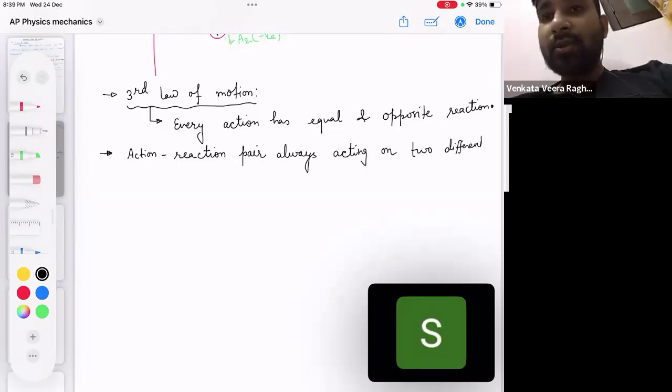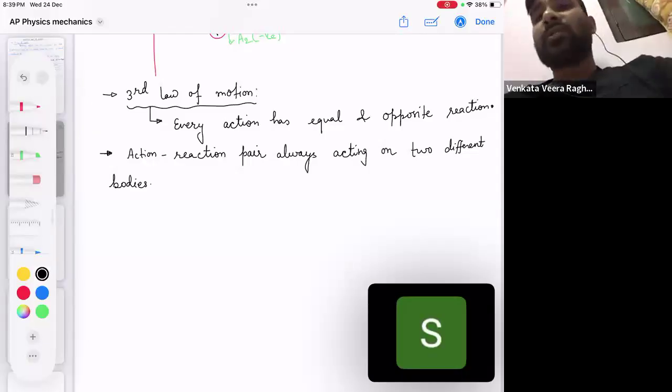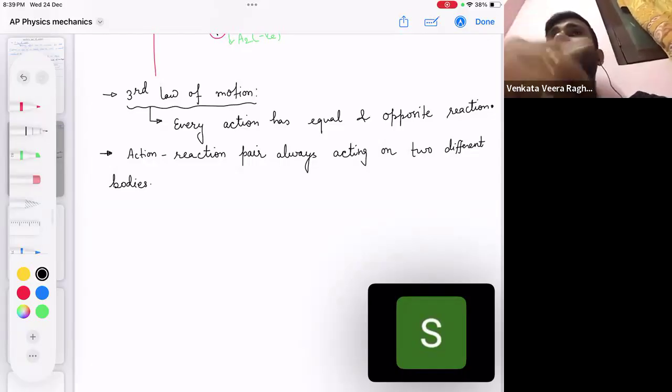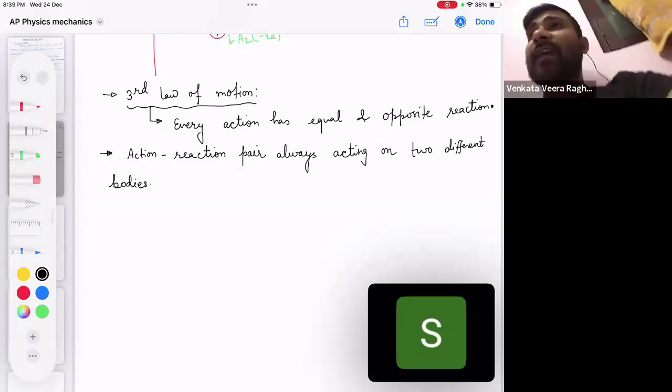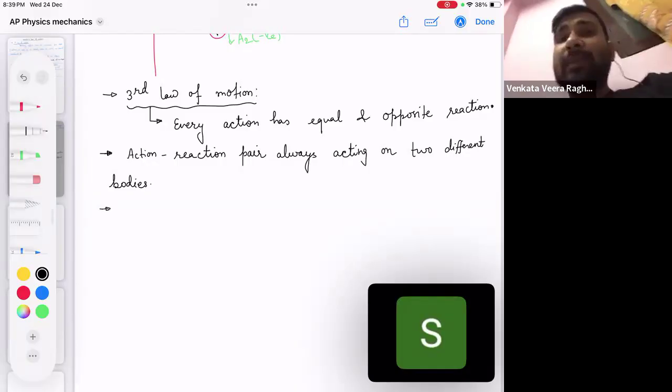It means you cannot say that the action is acting on the same body as its reaction. Like if you are pushing a wall, if the force on the wall is the action, then the force on your palm is the reaction. Don't apply the action reaction force on the same body.